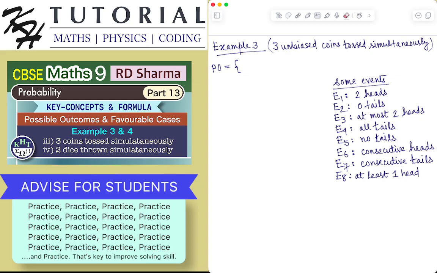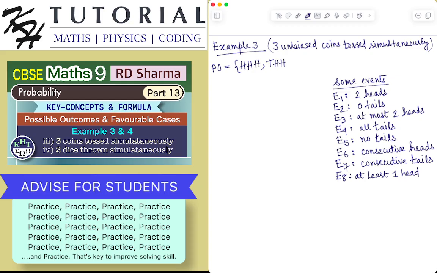Let's say everything is head, all the coins are head, and let's say the first coin is tail and the other ones are again head.